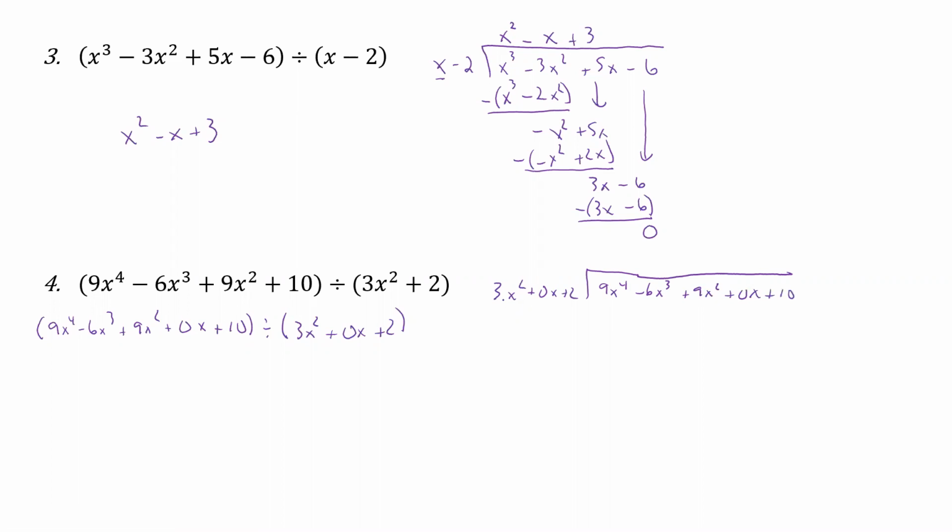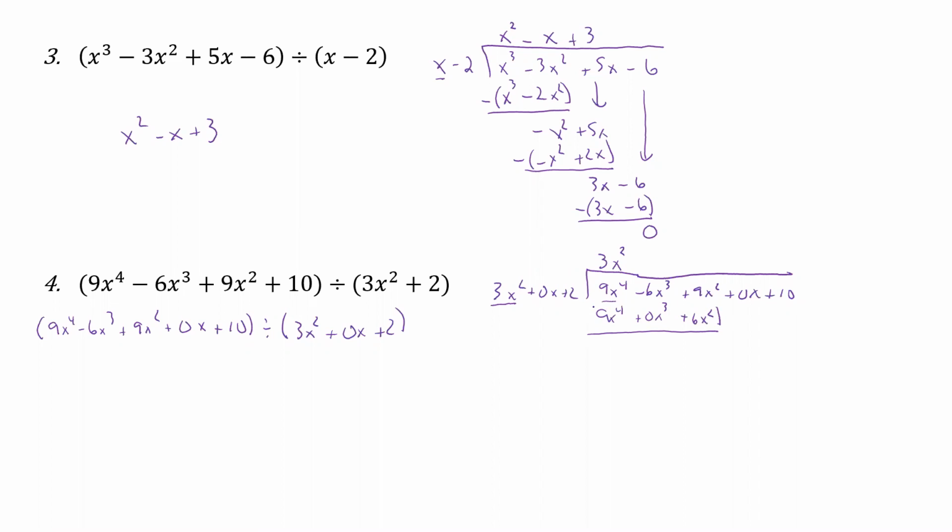All right, so what do we have to take 3x squared by to get 9x to the fourth? Well, we have to take 3 times 3 to get 9, and x squared times x squared to get x to the fourth. So now we multiply all 3 terms here by the 3x squared, so that gives us 9x to the fourth plus 0x to the third, and then plus 6x squared.